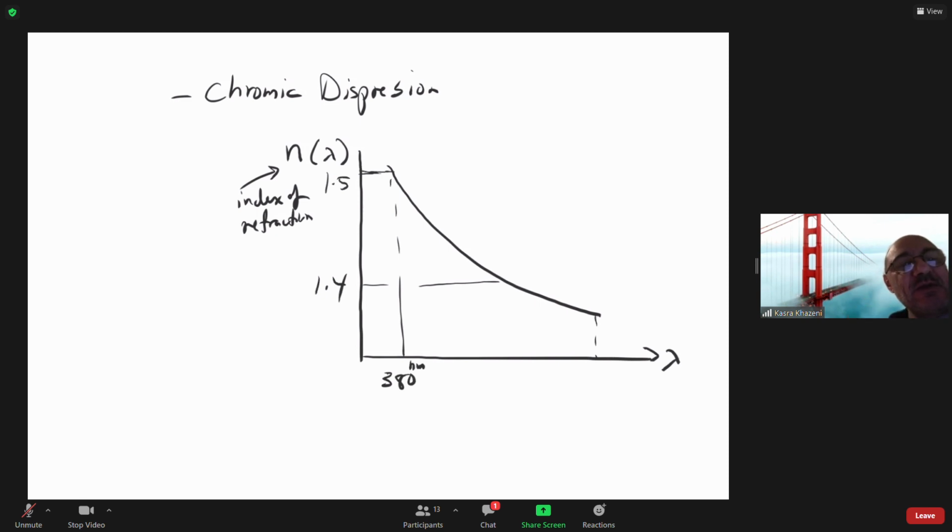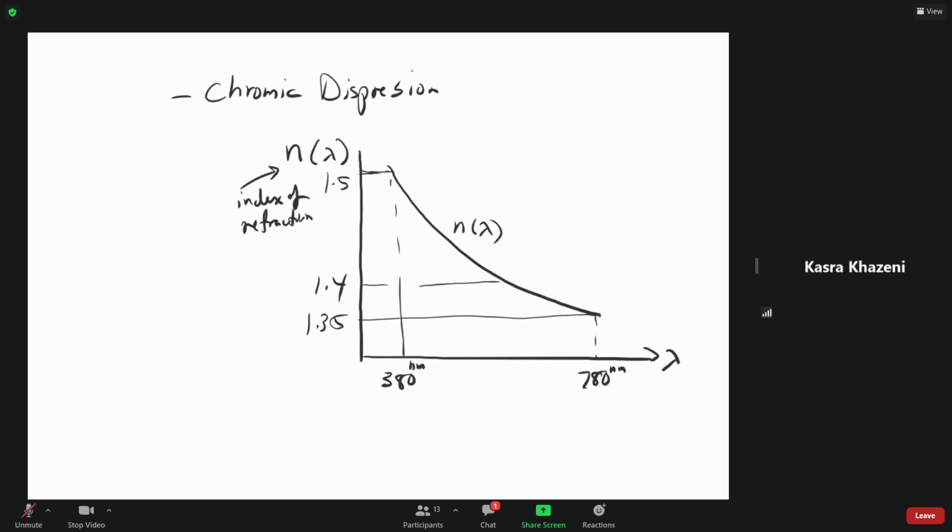Maybe by the time it gets to red, the index goes to like 1.35 or something. So you can see the index of refraction is a function of the wavelength of the light that's coming in. We had never heard of this before; this is the first time, because this is going to have implications.